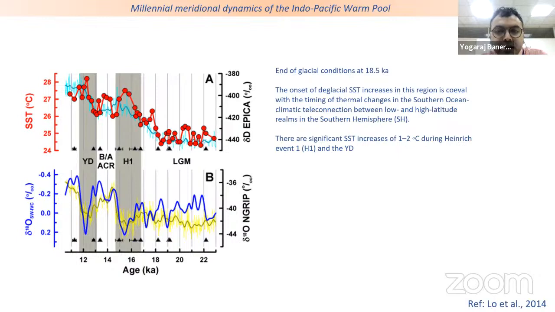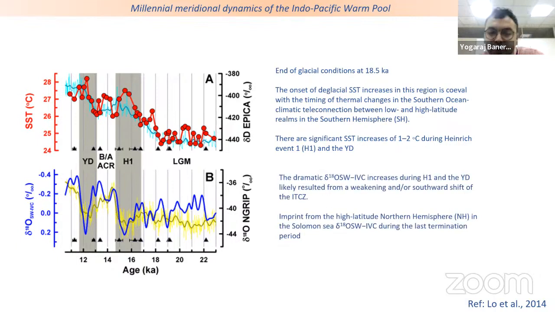It indicates a teleconnection between the low and high latitude realms in the Southern Hemisphere. We can also see a significant SST increase of 1 to 2 degrees Celsius during Heinrich event 1 and the Younger Dryas time period.